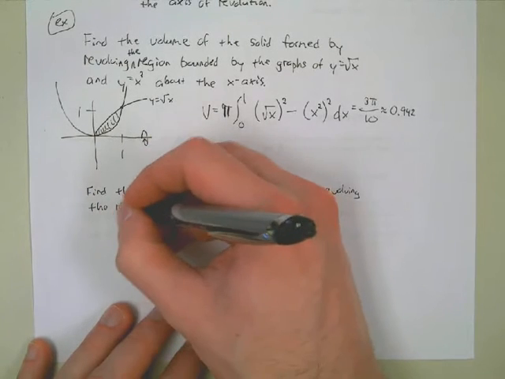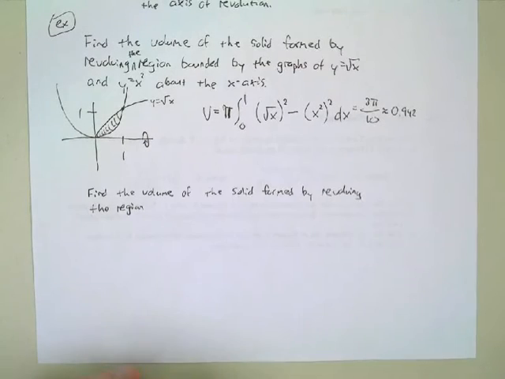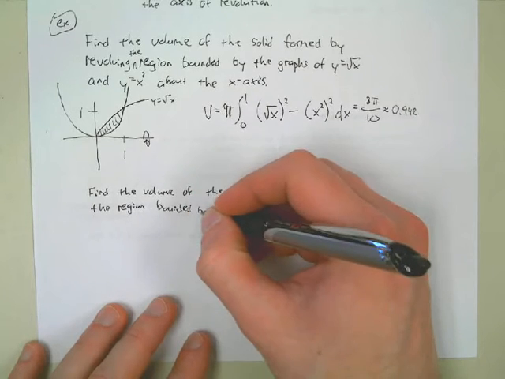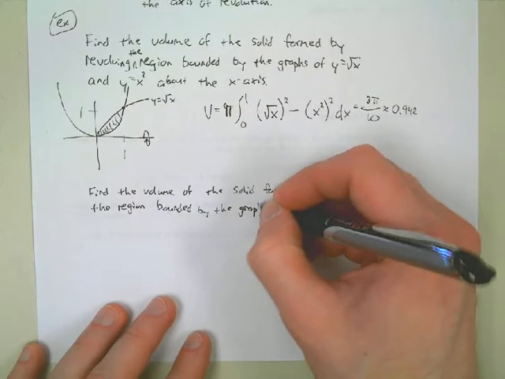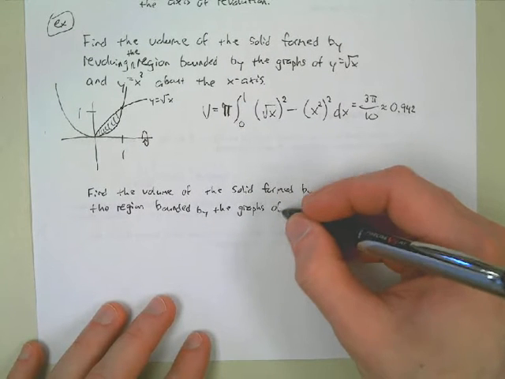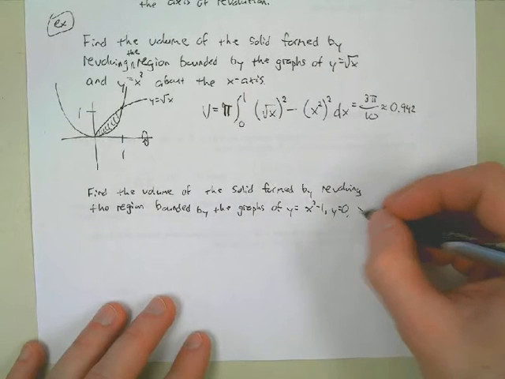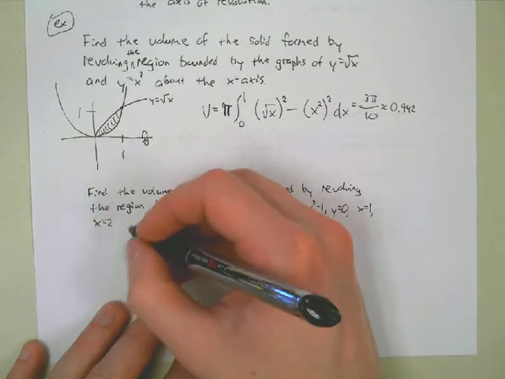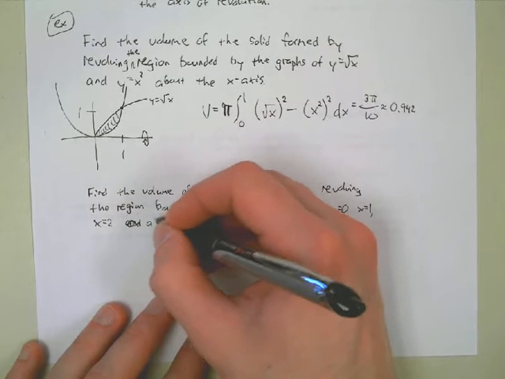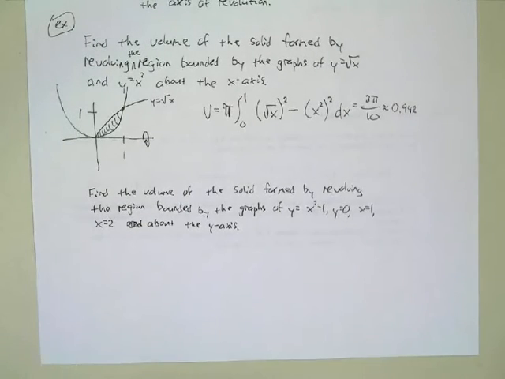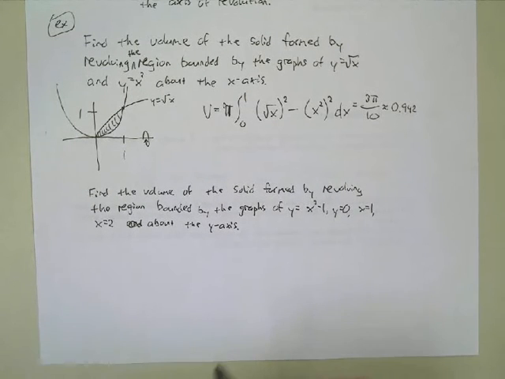Find the volume of the solid formed by revolving the region bounded by the graphs of y equals x squared minus 1, y equals 0, x equals 1, x equals 2, about the y-axis.